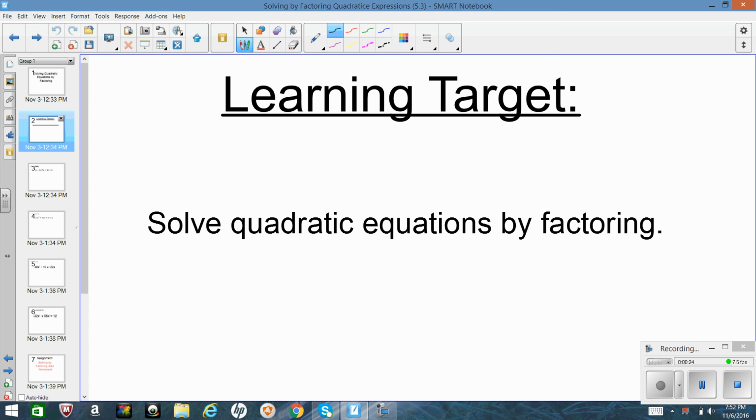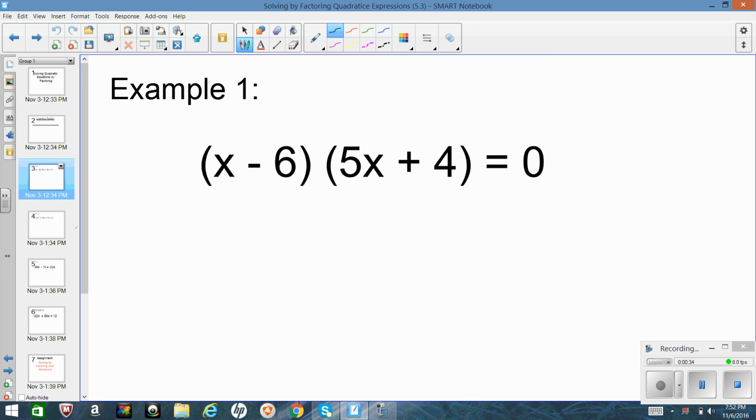By the time we're done with this chapter, you're going to have multiple ways to solve quadratic equations. The first way you're going to learn is factoring. So, example 1: (x minus 6)(5x plus 4) equals 0.